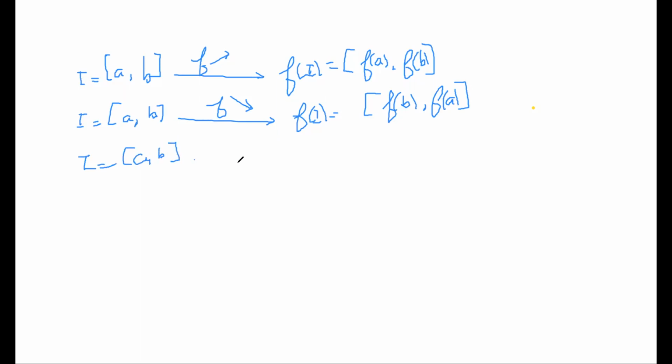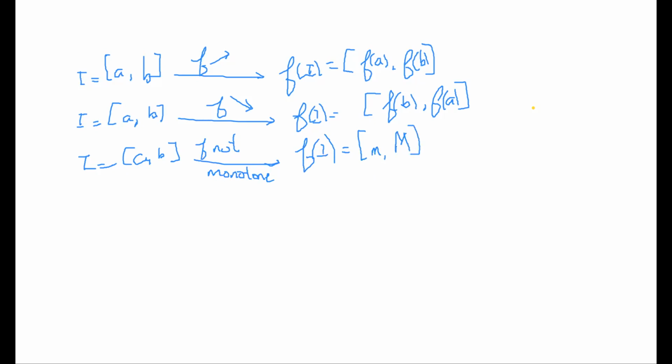If f is not monotone, meaning it is on 0, how to find the image of the interval? f(I) equals the minimum value of y in this interval up to the maximum value of y in that interval.